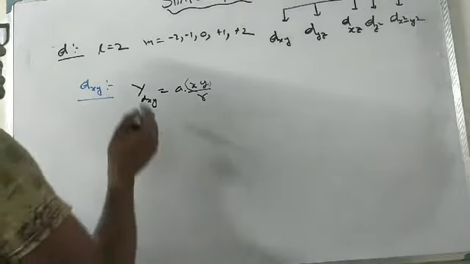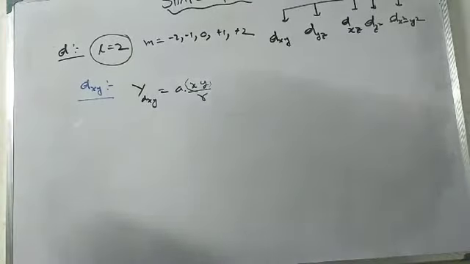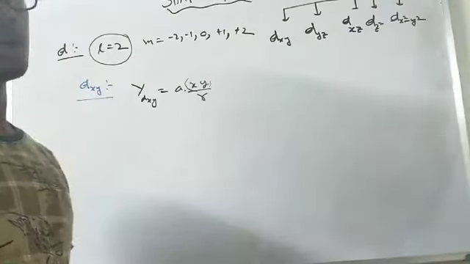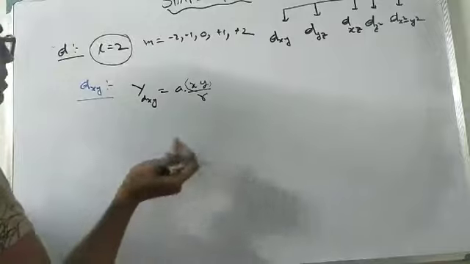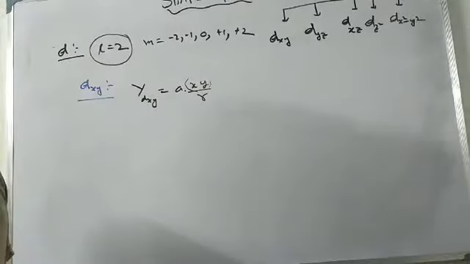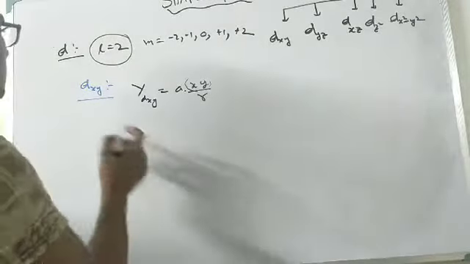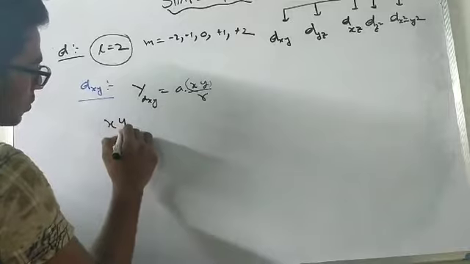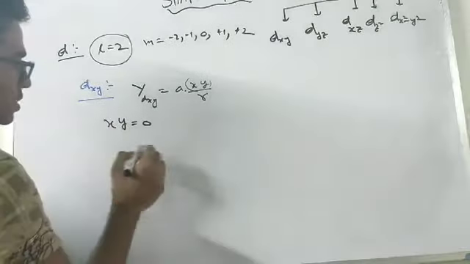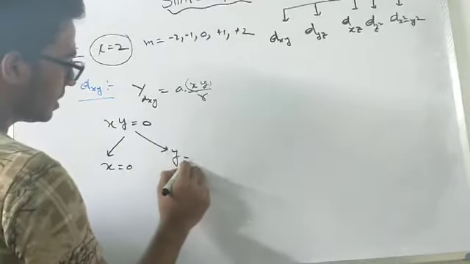Now look at the value of l. This is l equals 2, so the number of angular nodes for this d orbital equals 2. Again I will apply the same strategy to determine the nodal planes. Just put xy equals to 0. So x may be 0 or y may be 0.